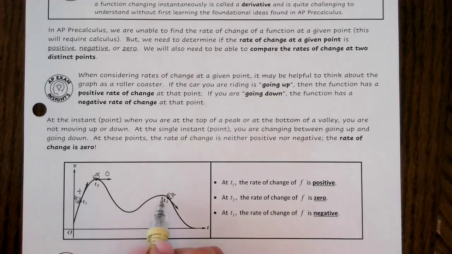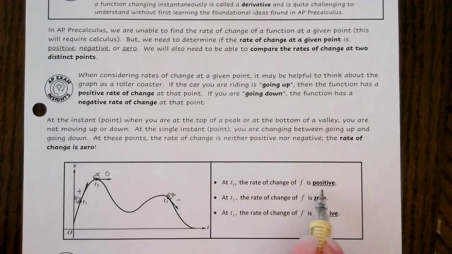Then as we go down that little hill there, our function is decreasing here. This is where we have a negative rate of change. So if we call these points T1, T2, and T3, we can say that at T1, the rate of change of f is positive. At T2, which is this one right here, the rate of change of f is zero. And at T3, the rate of change of f is negative.